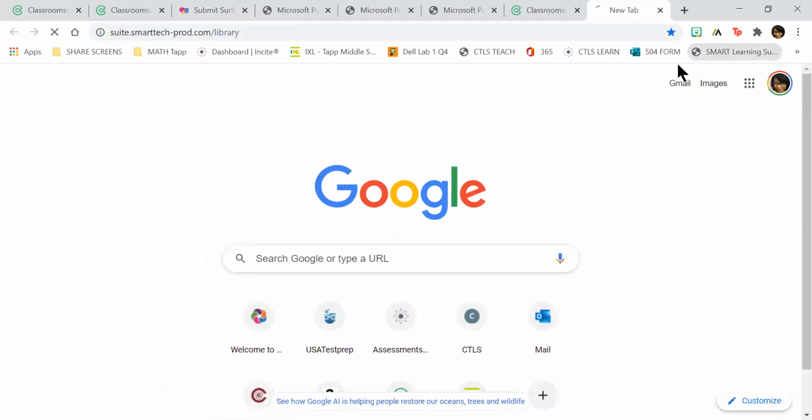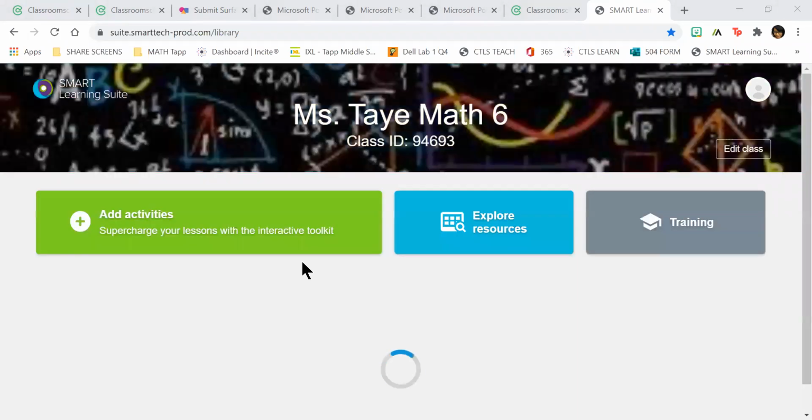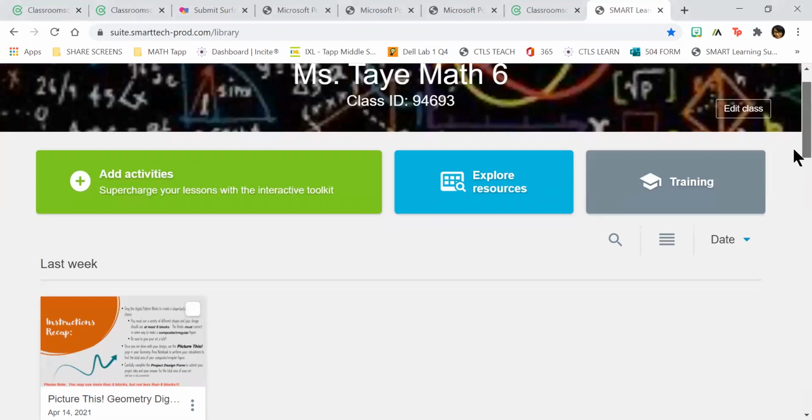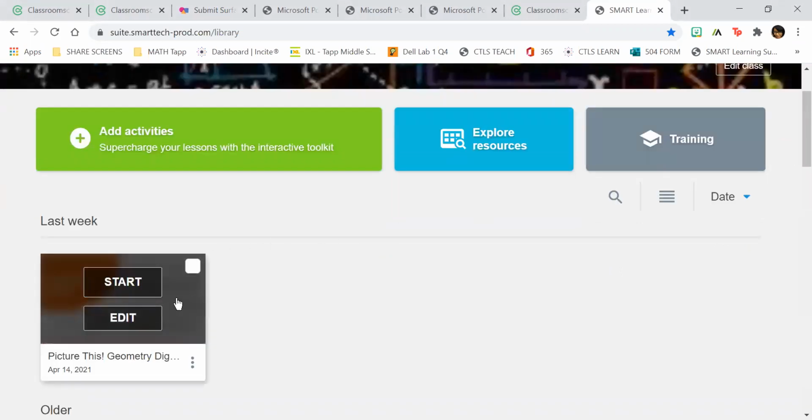Matter of fact, I'll go to the picture this project. You had to make a picture using the digital pattern blocks. And then you had to calculate the surface area of your picture.